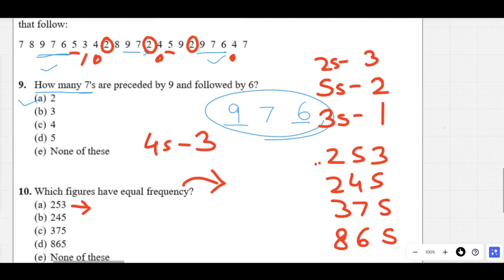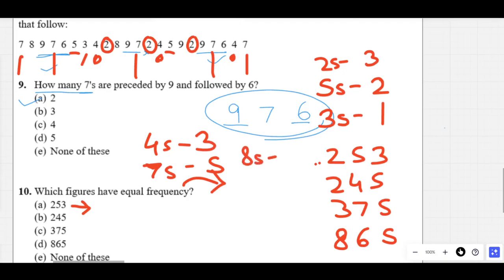2 5 3 2 4 5 3 7 5. Let's see 7's now. How many 7's are there? 1 2 3 4 5. There are 5 7's. Okay, then 8 is remaining, I believe.